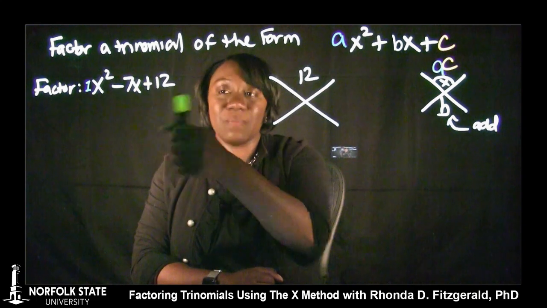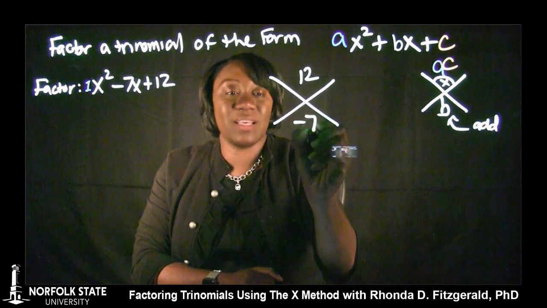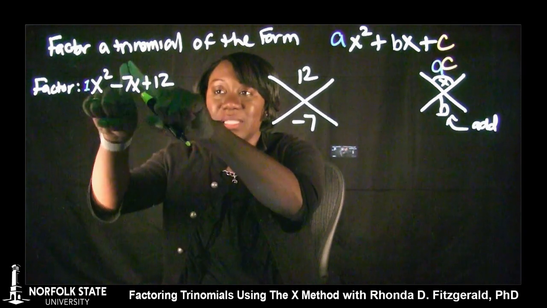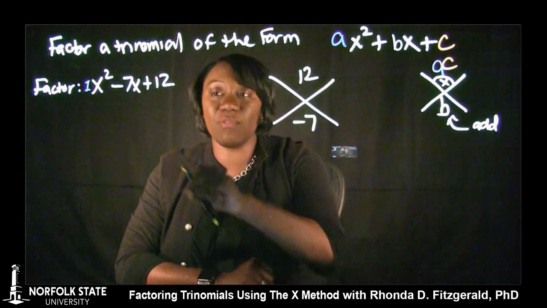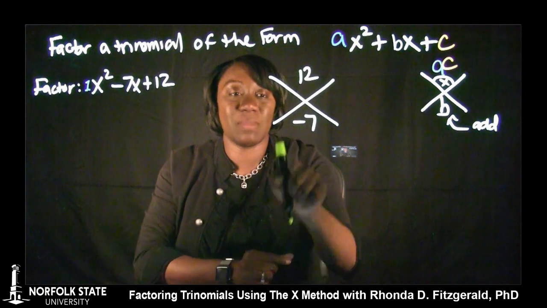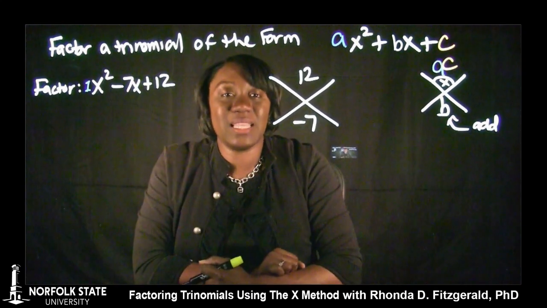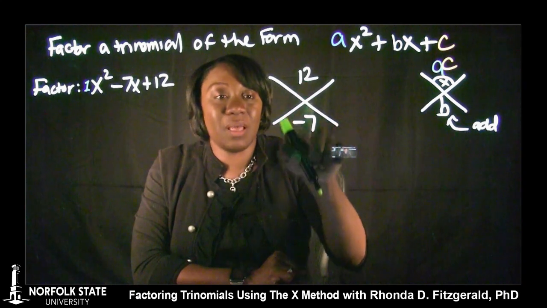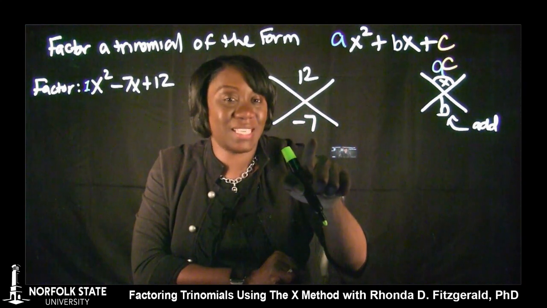And at the bottom, we're going to write a negative 7 because that's our middle term. So once again, a times c gives us a positive 12, and we bring down our middle term of negative 7. Now we need to think of two factors that multiply to give us 12, but add to give us a negative 7.